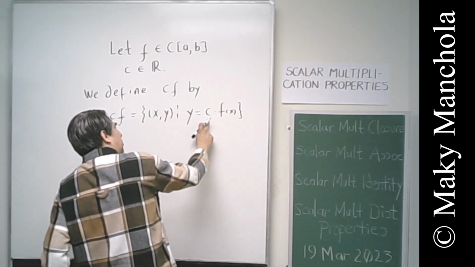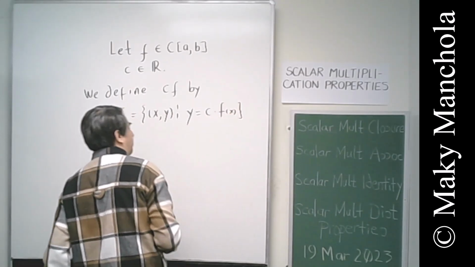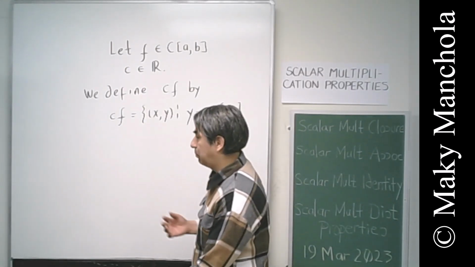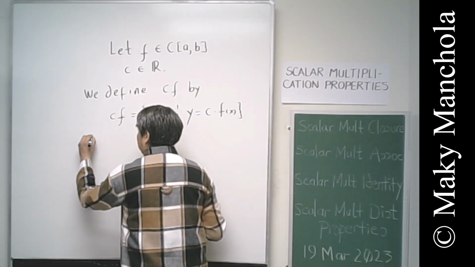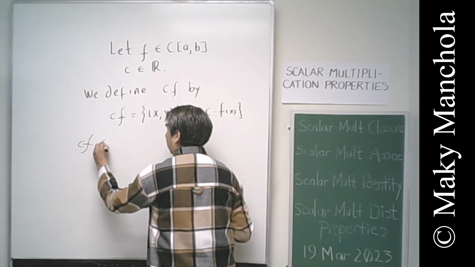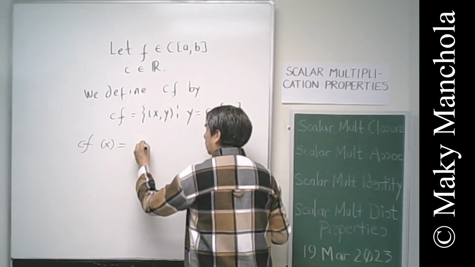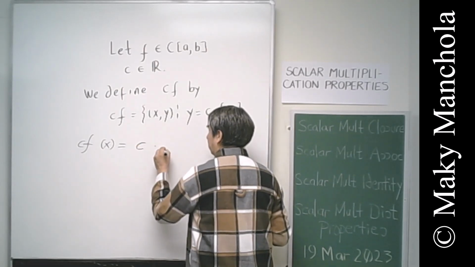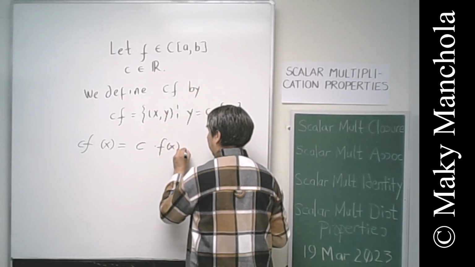So the real number c times the real number f of x. Now, in abbreviated notation, we will simply write the following. The constant times f evaluated at x equals the constant times f of x.